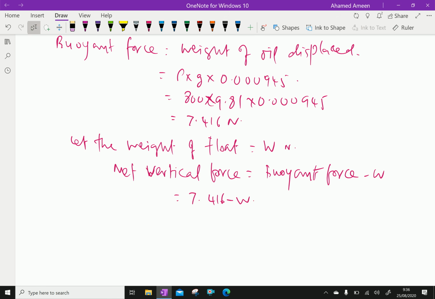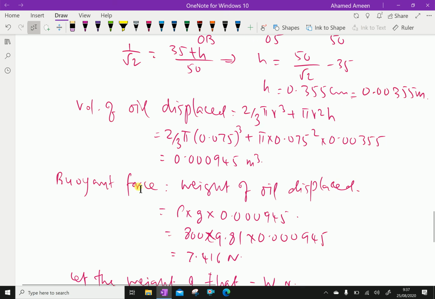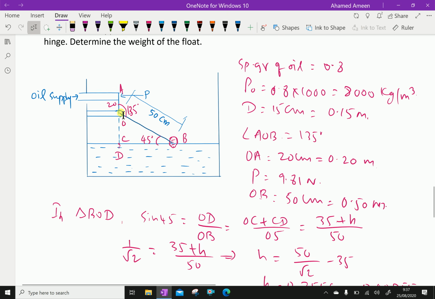Now, taking moments about hinge O, that is force P into 20 is equal to 7.416 minus W into BD.